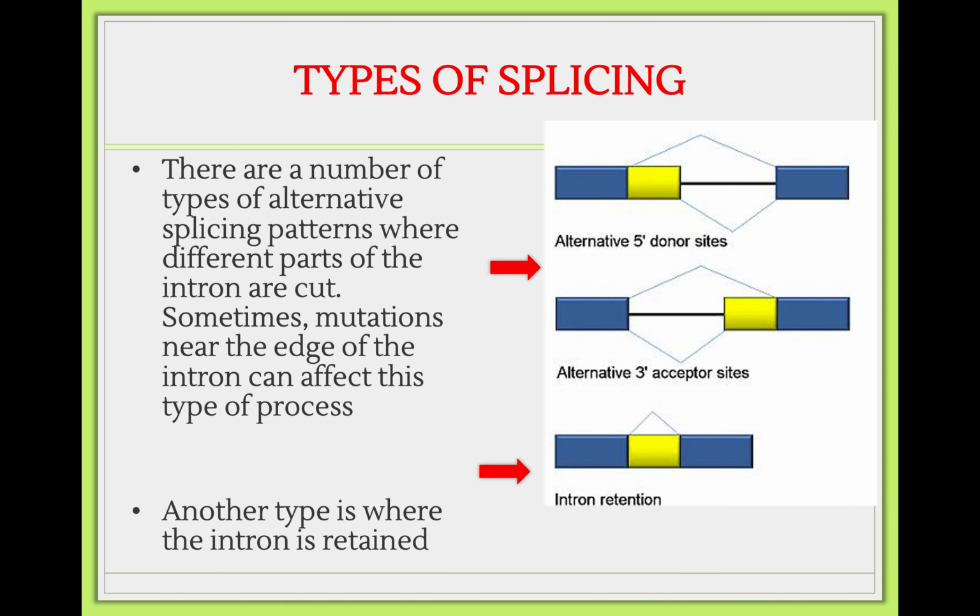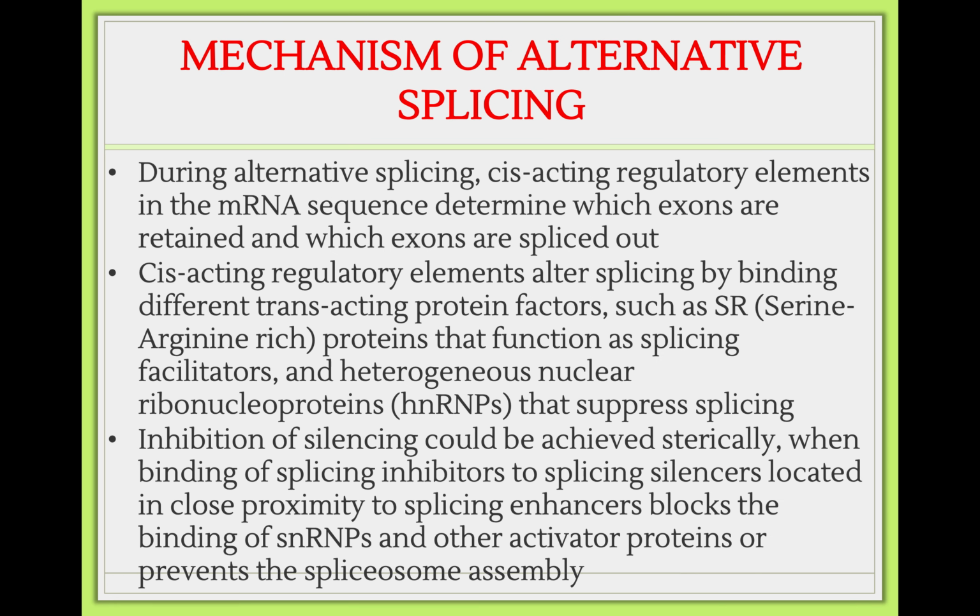Sometimes mutations near the edge of the intron can affect this type of process. That means that it would sometimes signal for it to be cut off or to be included in the splicing process, or during the ligation to produce your mature mRNA. And another type is where the intron is being retained. So there are occurrences where the introns are being retained.